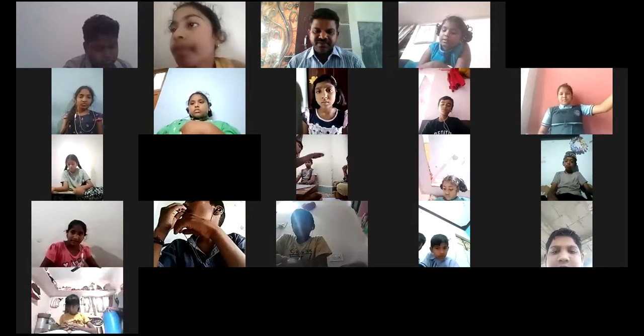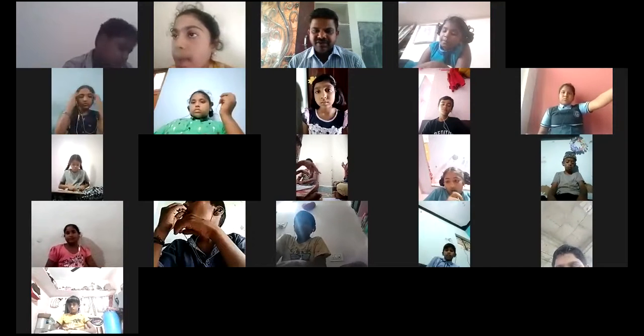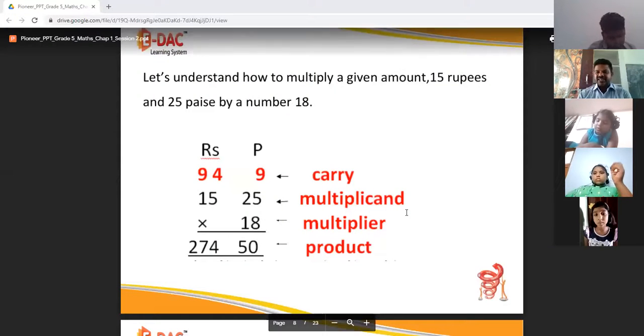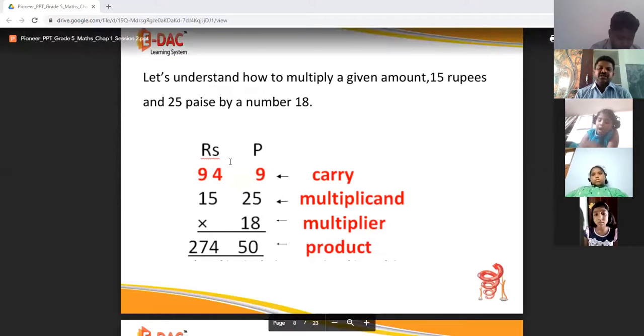Yeah, we have to convert this. Now we came back. Multiplication of amount, rupees and pies, by number 18. I told you already to write the rupees and pies.